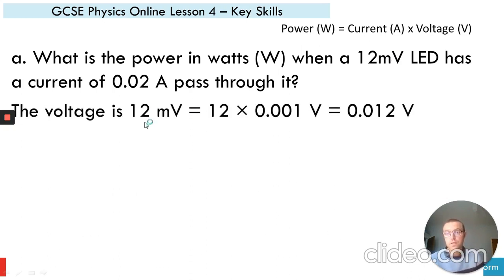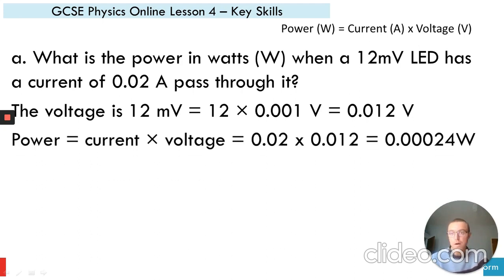So the voltage is 12 millivolts, which equals 12 times 0.001 volts, which equals 0.012 volts. If you don't know how we got that, then go back to the last slide or the last 2 slides and have a look at that method. I've skipped a few steps there.